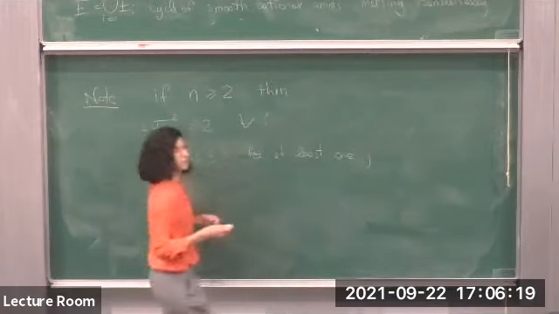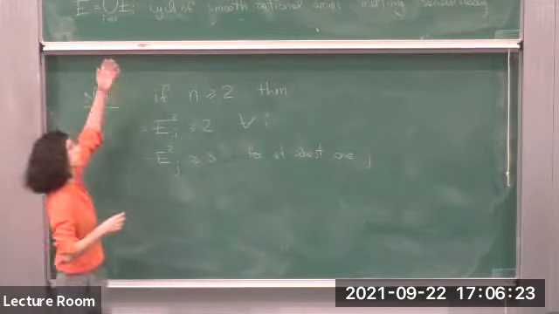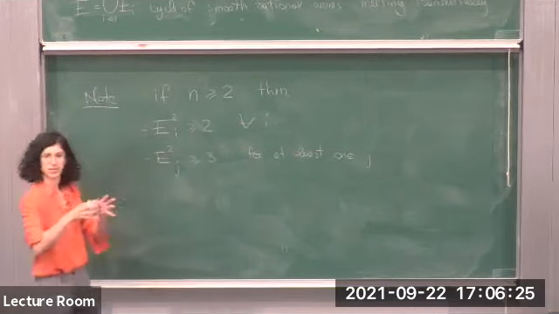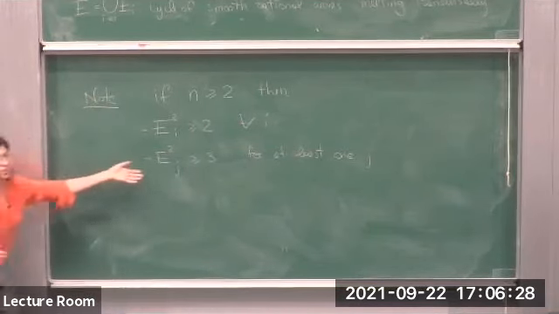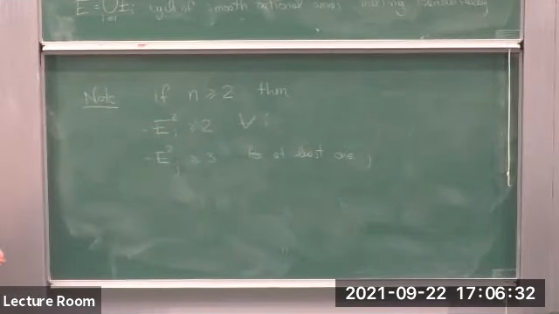This comes from the fact that you have a minimal resolution and the intersection matrix related to E has to be negative definite, so you must have these conditions.